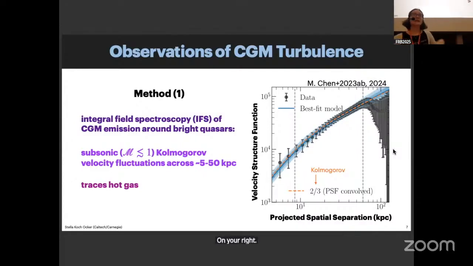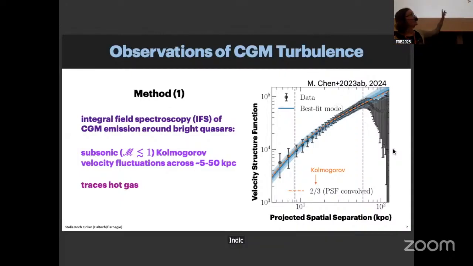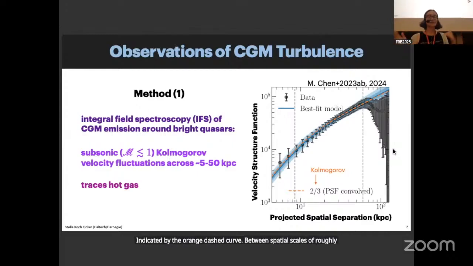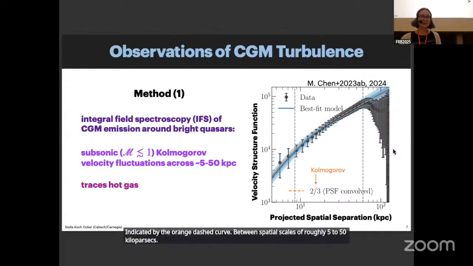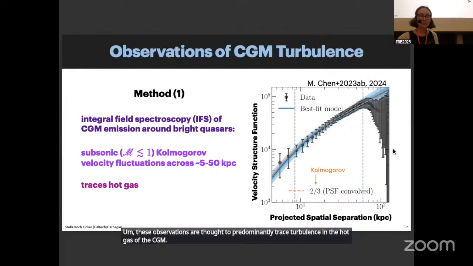You can see that in this particular case for the CGM around a quasar at a redshift 1, the velocity structure function that's observed, shown by the black points, is actually beautifully consistent with Kolmogorov turbulence, indicated by the orange dashed curve, between spatial scales of roughly 5 to 50 kiloparsecs. These observations are thought to predominantly trace turbulence in the hot gas of the CGM.